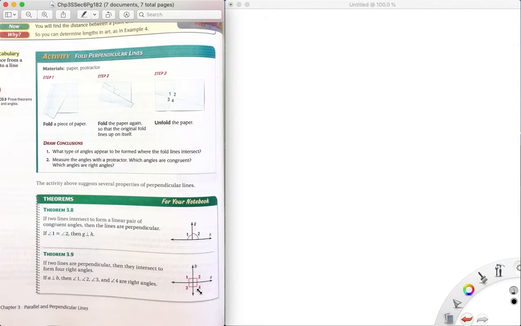So if I know that they're perpendicular, then I know that they form right angles. I know that angle 1 is a right angle, and then 1 and 4 are the same, and then 1 and 2 are linear pairs that are the same. And 2 and 3 are vertical. So we can say that all of these guys are the same.